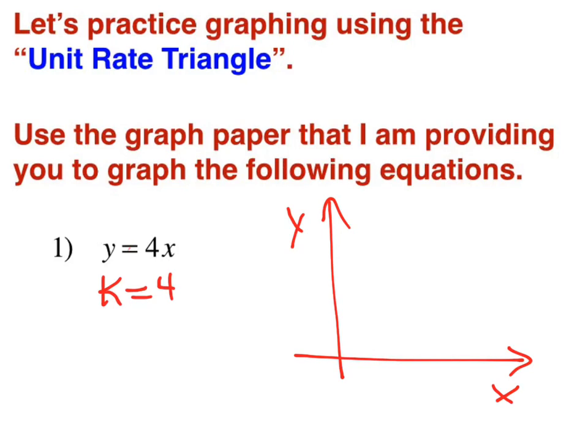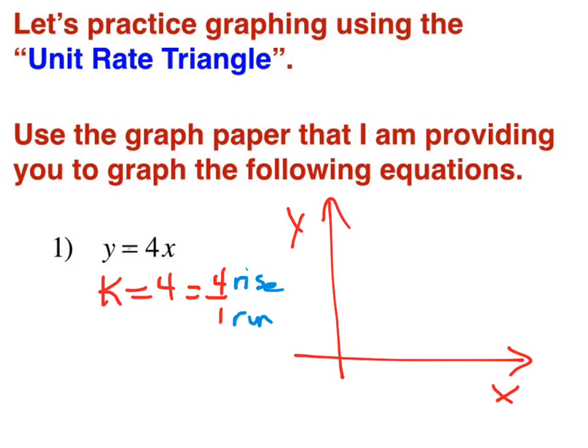But we need to write that as a fraction because we need to know what the unit rate triangle is. So that is, as a fraction, of course, 4 over 1. So what that means is that we are going to rise 4 and we are going to run 1.